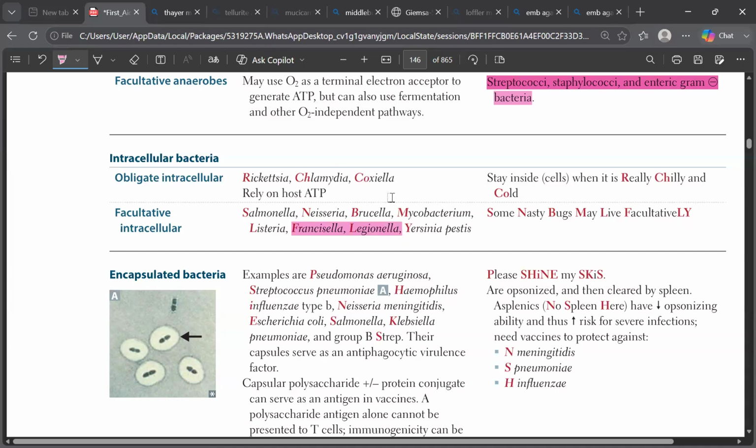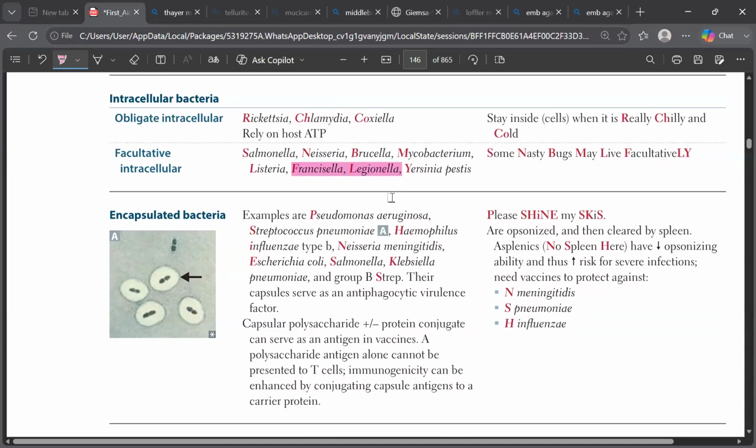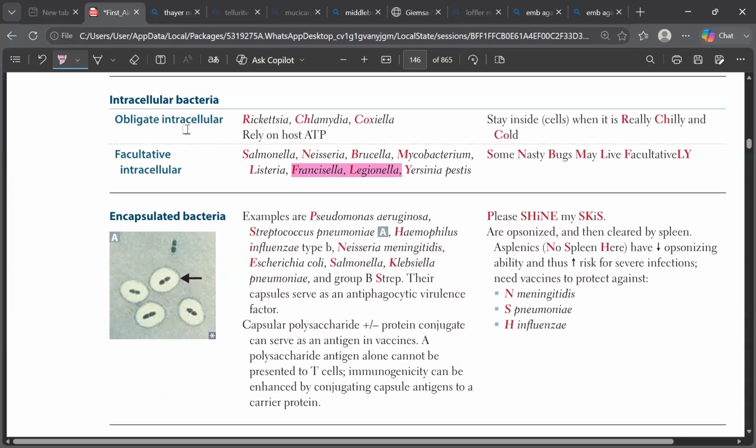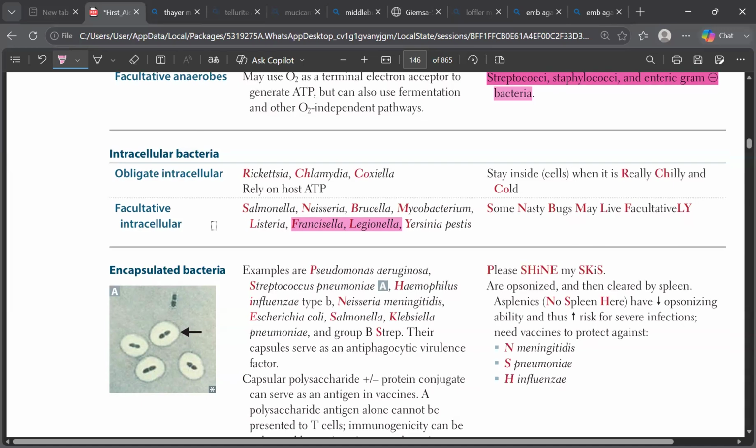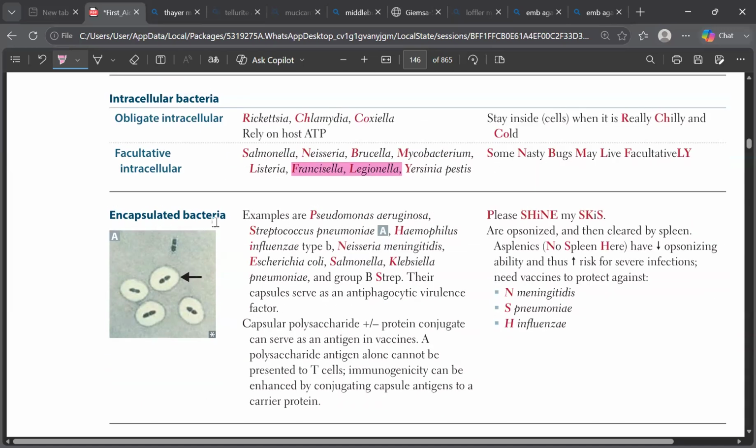These mnemonics, I would forget them in a minute. But again, the obligate intracellular are those bacteria that live inside and cannot live outside. The facultative intracellular are those that have their own nutrients and metabolic machinery to survive outside, but they prefer to stay inside and leech off the cellular organism.